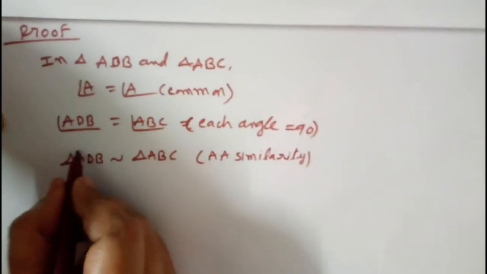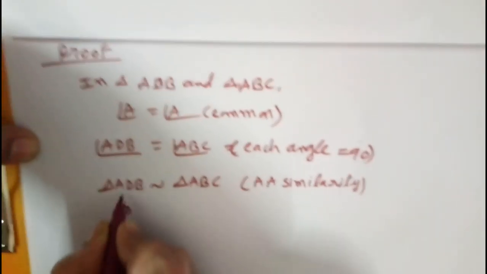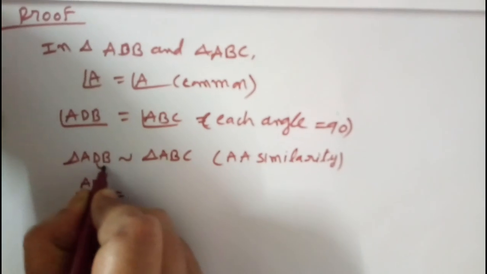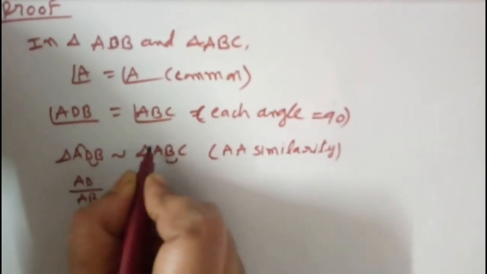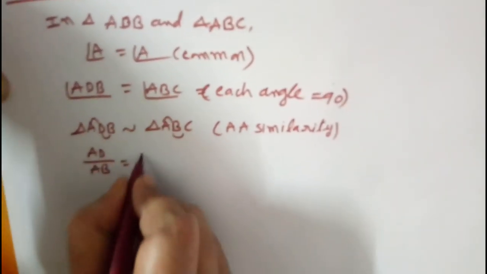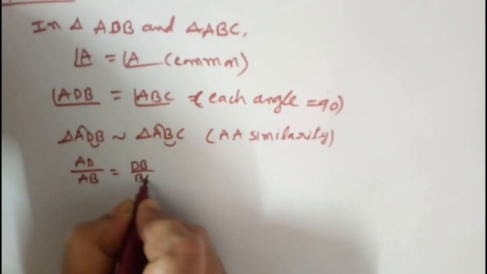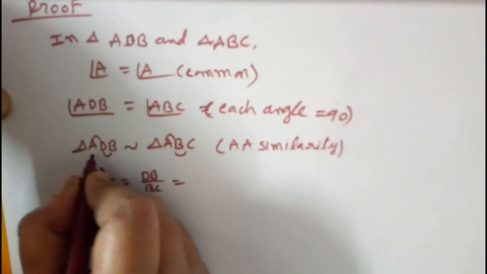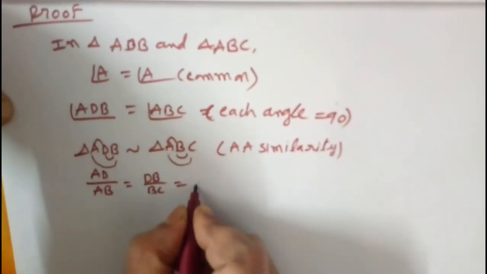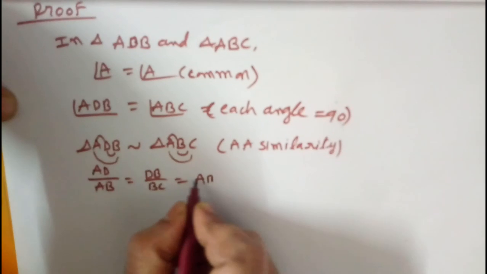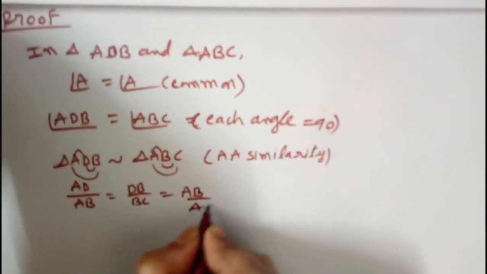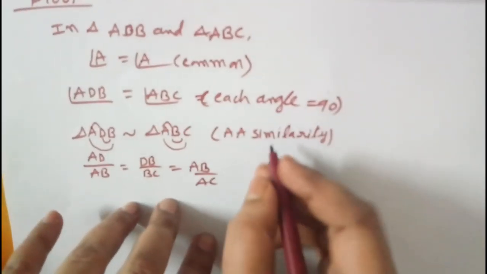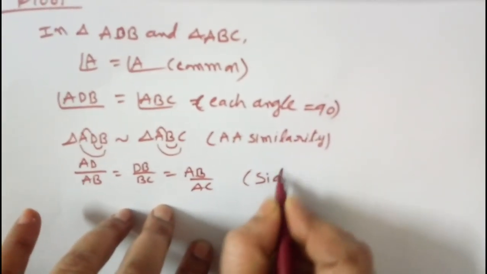Then you can write AD by AB, DB by BC, AB by AC, corresponding sides of similar triangles. That is, sides are proportional.